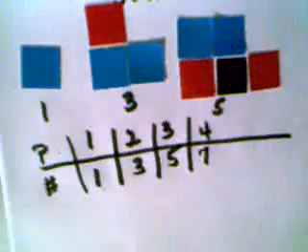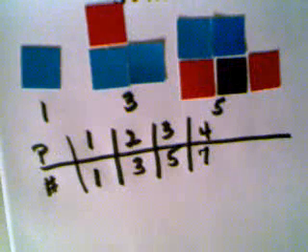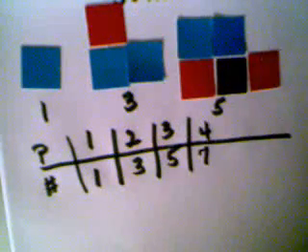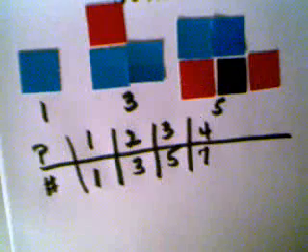Notice that the shape of the tiles is no longer a rectangle. It's one less than a rectangle, except for number 1.